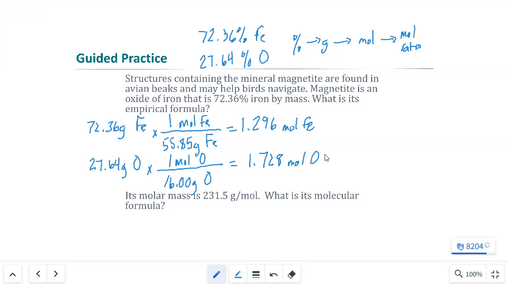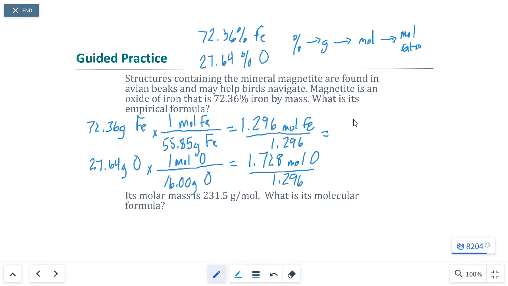So once again, just like in our example on Friday, we have a ratio of elements that is not clear as to what it is. And so when we don't have a clear-cut example of, oh, these two are the same, it's 1-to-1, or this is clearly double the other, then to determine the mole ratios, we need to divide by the lowest number, which in this case would be 1.296.